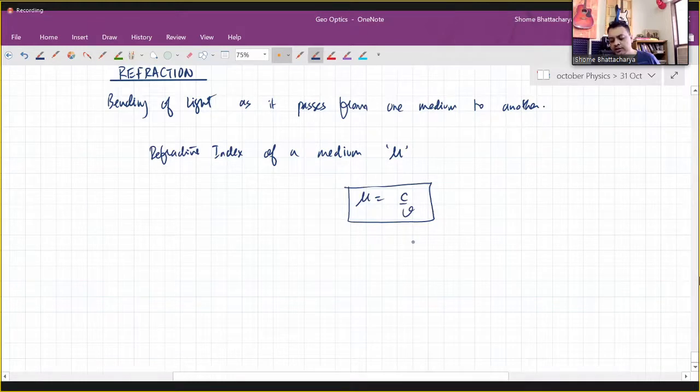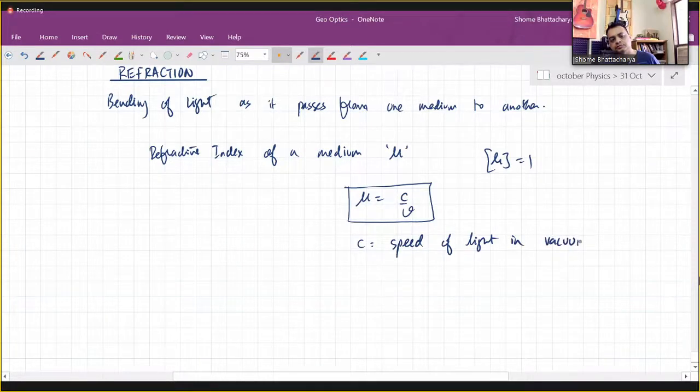So again, you can think of it like an experimentally measured quantity, which is dimensionless, where c is the speed of light in vacuum, which is approximately 3 × 10^8 meters per second, and v is the speed of light in the given medium.